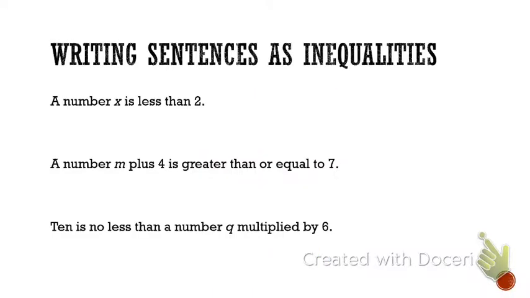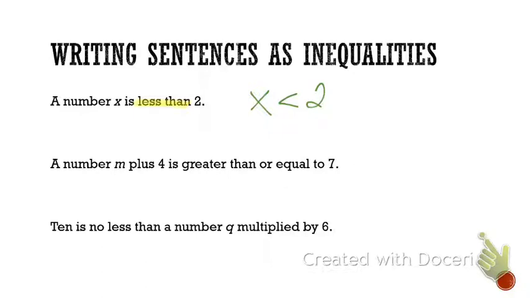Okay, so when we're writing a sentence as an inequality, we're looking for those keywords. When I read the sentence, I'm looking for a keyword that tells me what inequality belongs there. All right, so if I say a number x is less than 2, do you see the keyword that tells you the symbol? You should be looking at less than. Okay, so a number x is what I don't know, is less than 2.